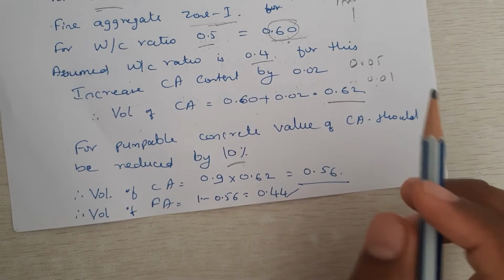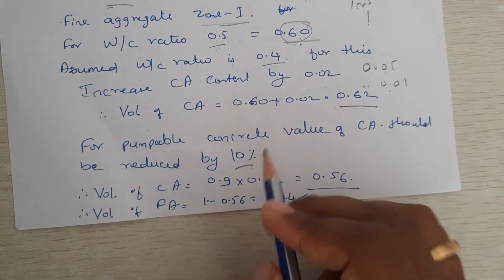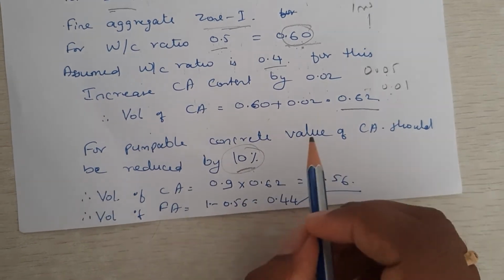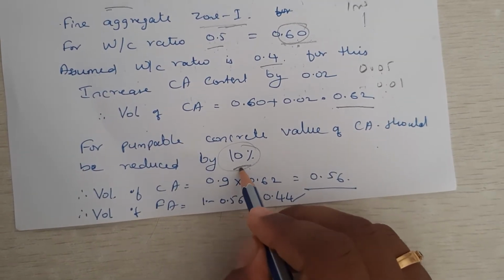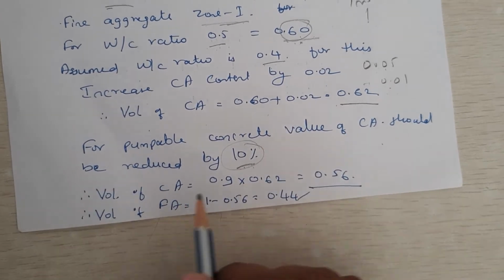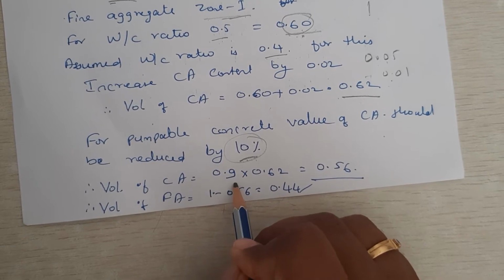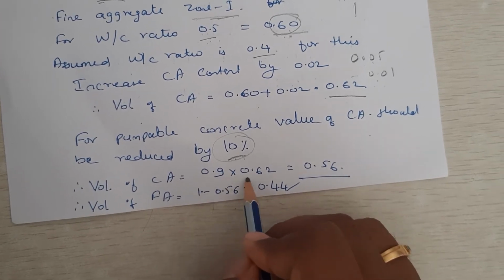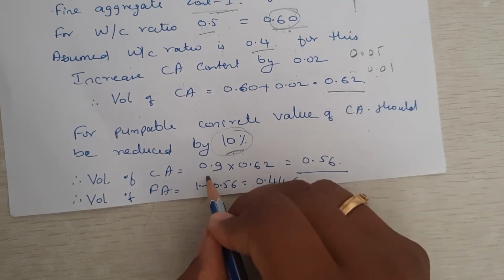If it is normal hand placing, no reduction will be considered. But for pumpable concrete, we have to go for the 10% reduction in the coarse aggregate. So the volume of the coarse aggregate becomes 0.9 into 0.62, that is 0.56. Why have I taken 0.9?